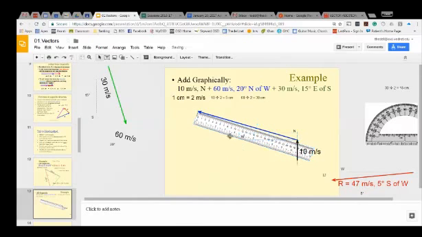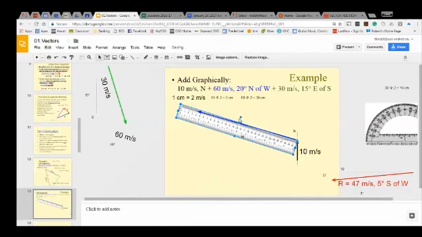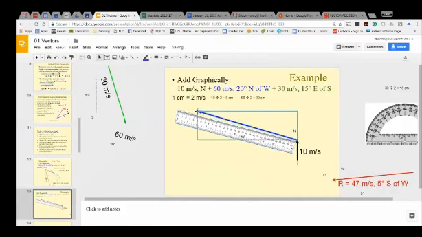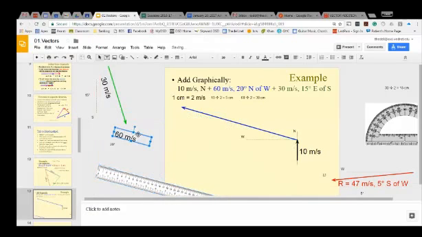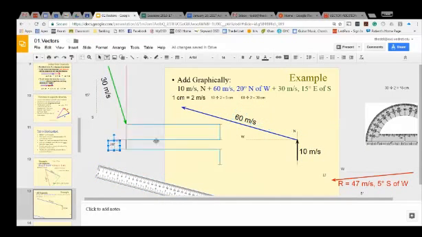Oh, it looks like I totally missed, didn't I? So I'm going to extend that out to there. So there's my second one. Be sure you label it. This is a 20-degree angle, so it goes up from that west line.